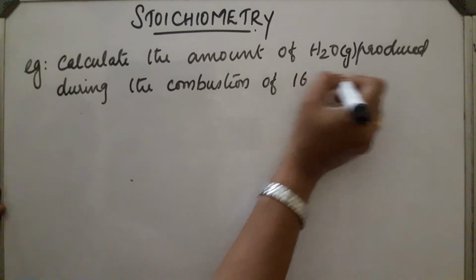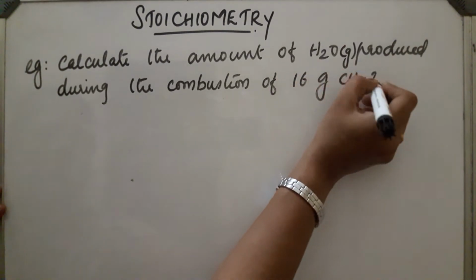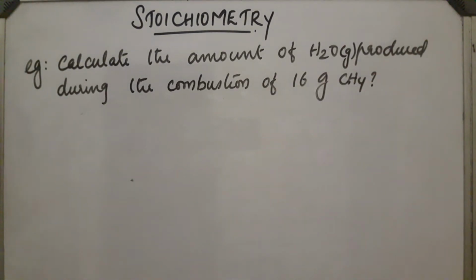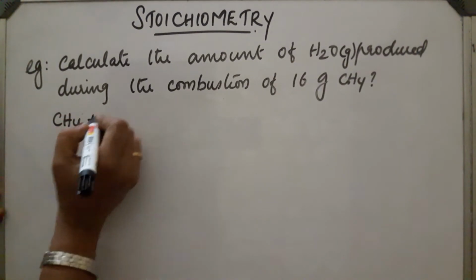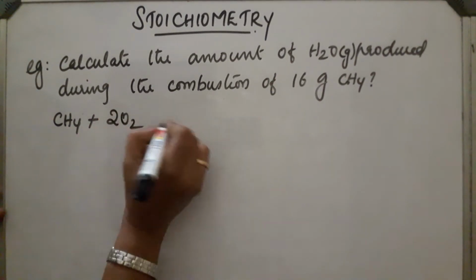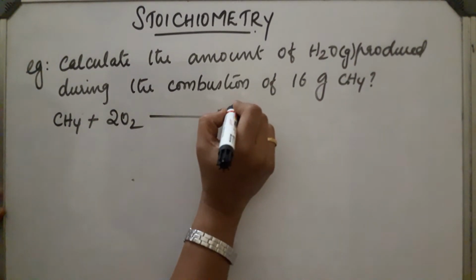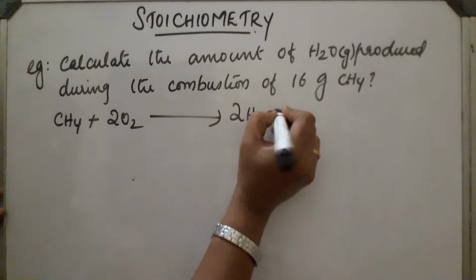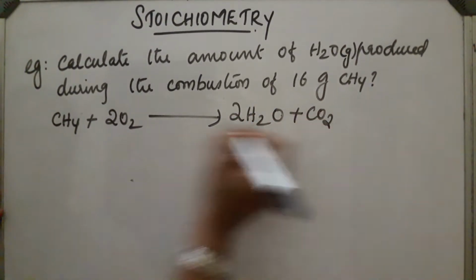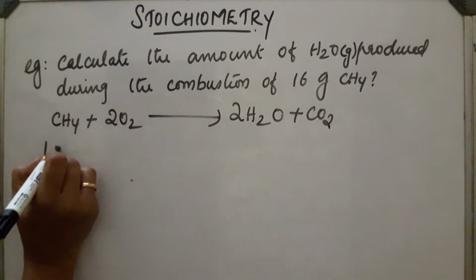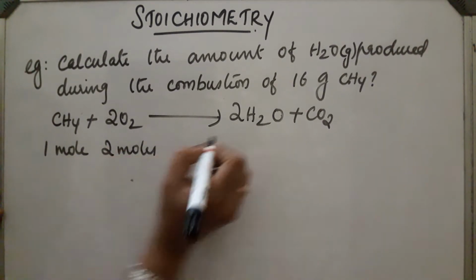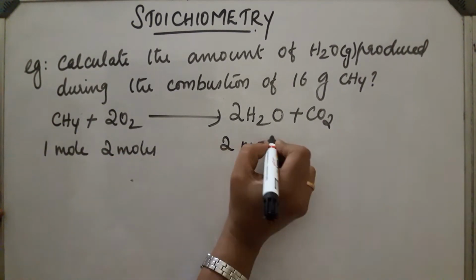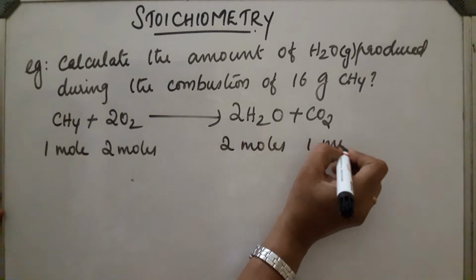First we have to write the balanced equation, that is the stoichiometric equation: CH4 plus 2O2 gives 2H2O plus CO2. So 1 mole of methane reacts with 2 moles of oxygen to give 2 moles of water and 1 mole of carbon dioxide.